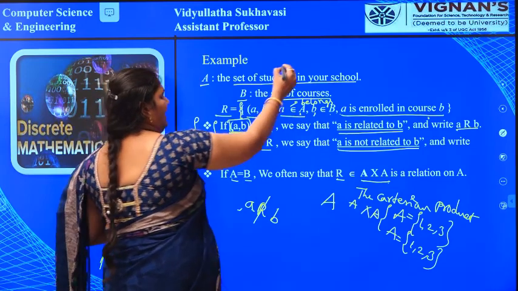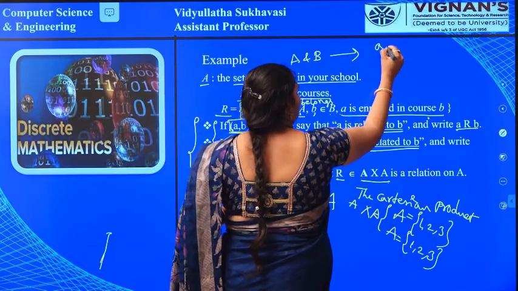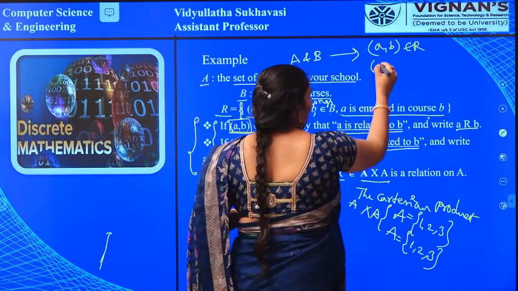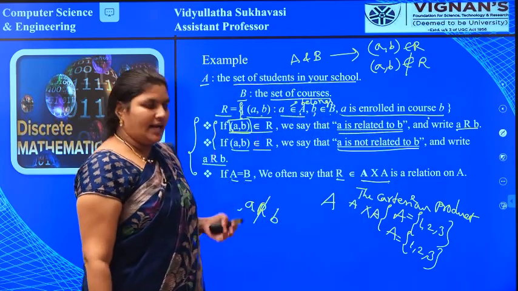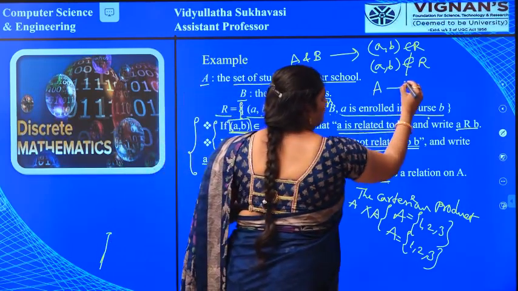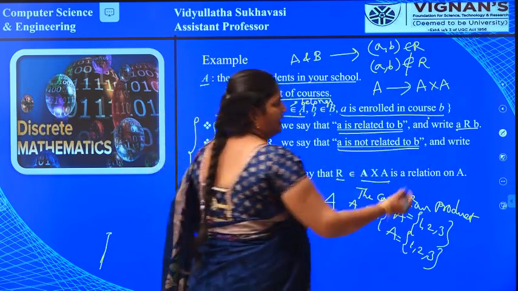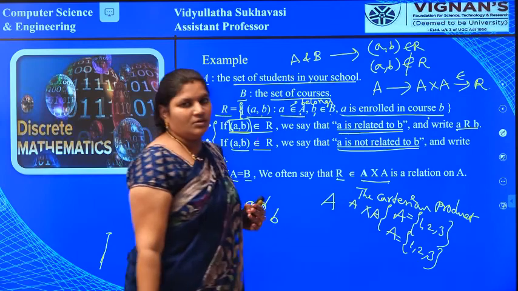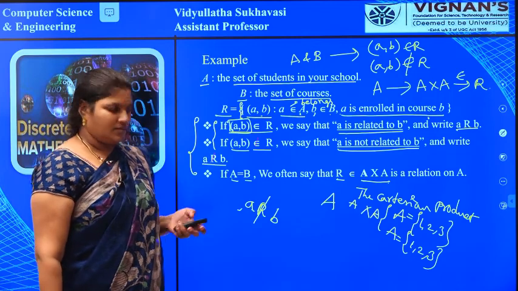If A and B are two sets, we have two conditions: the ordered pair exists in the relation, or the ordered pair does not exist in the relation R. And another case is if we have only one set A, and we find the Cartesian product A cross A, and then it belongs to R. So these are the three conditions we check in relations.